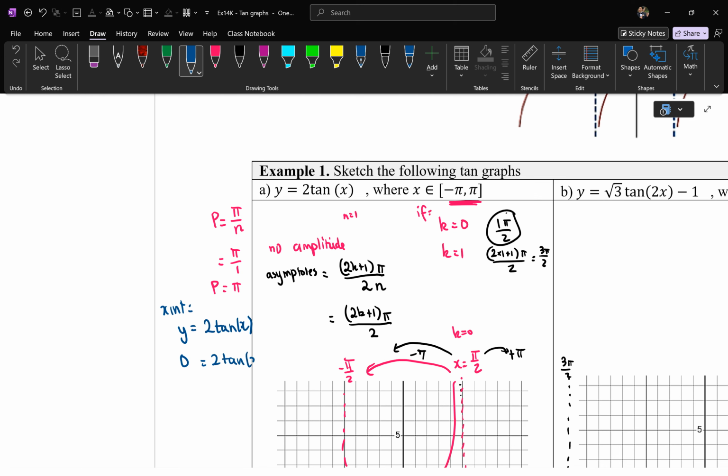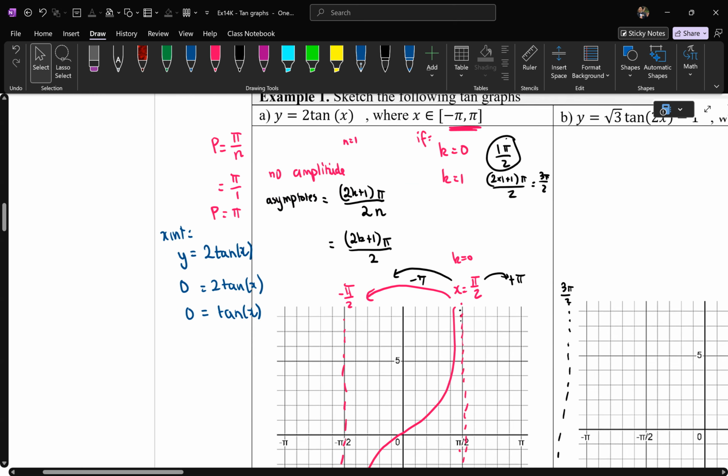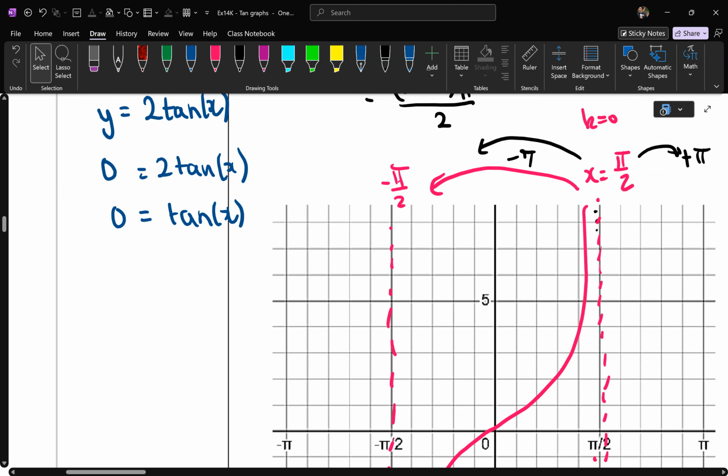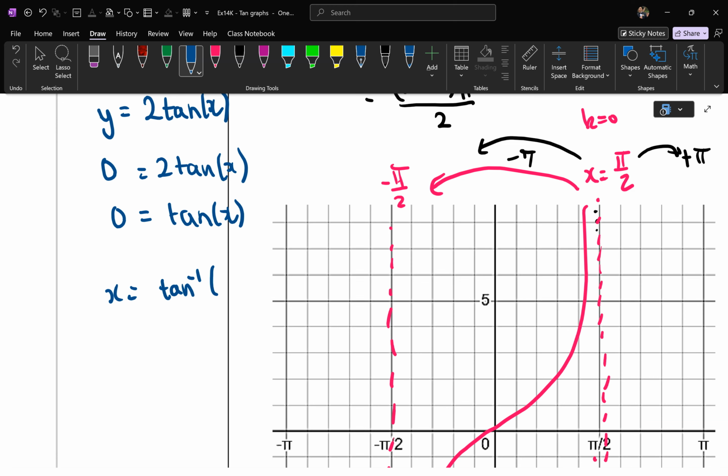2 tan of x. And you notice here that when you divide both sides by 2, you get 0 is equal to tan of x. And the nice thing is you only need one solution. You don't actually need two. Right here, to find x, you do tan inverse of both sides. So tan inverse of 0, so you're asking, go through your exact values.